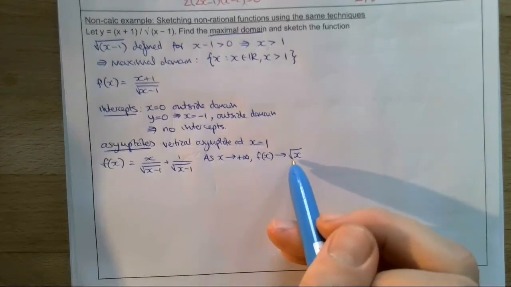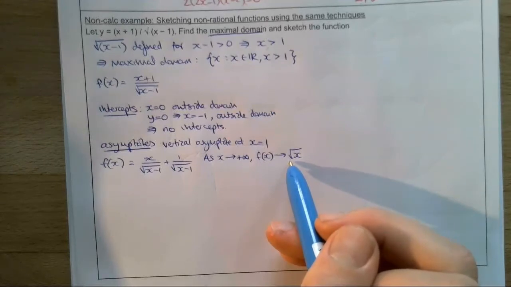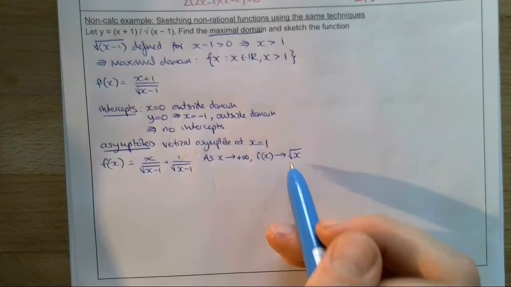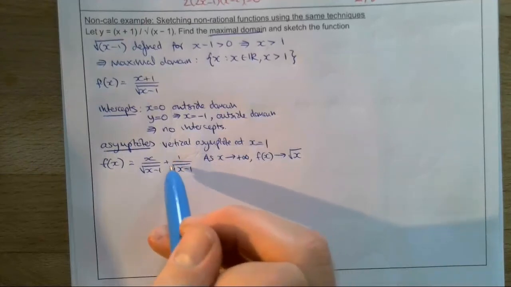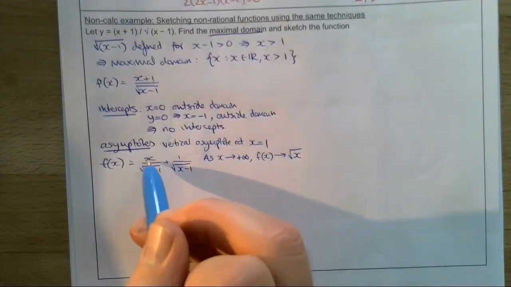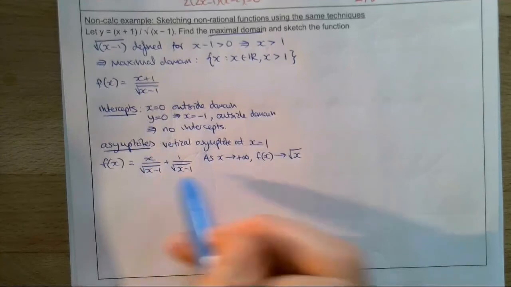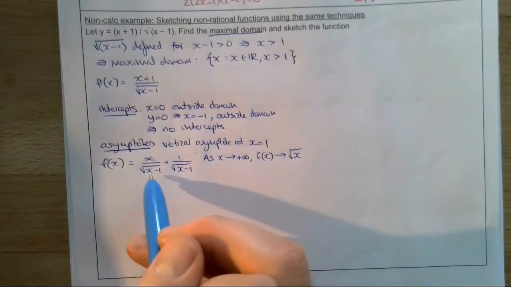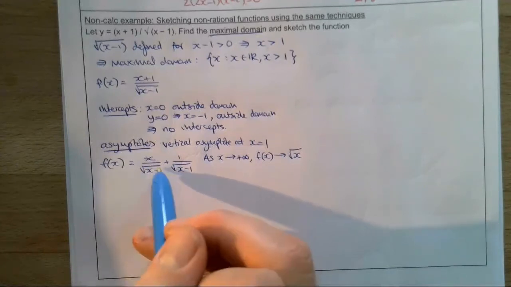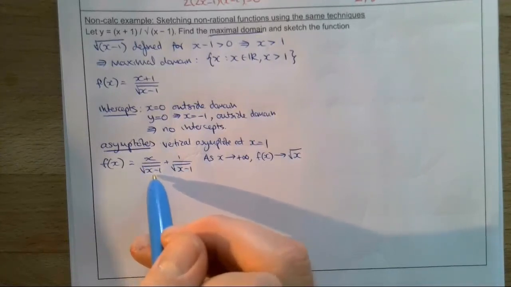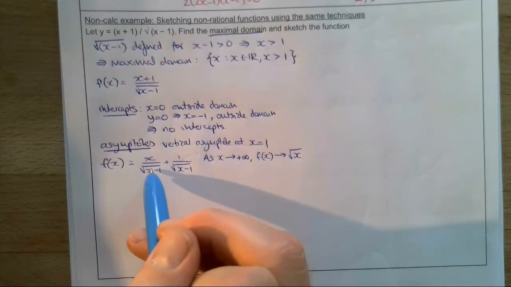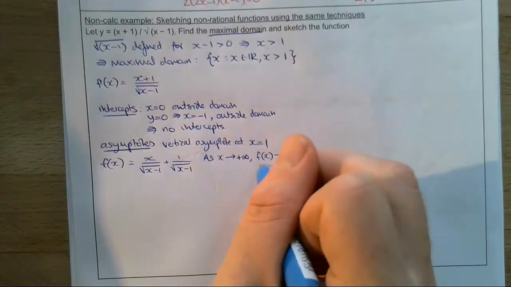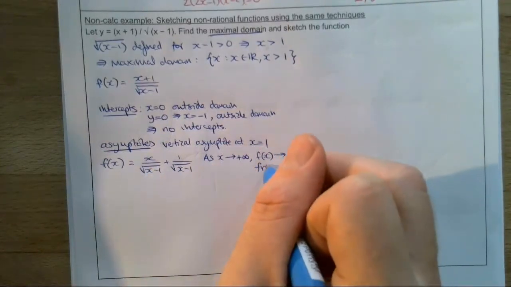Is it going to be bigger or smaller than that? That's actually slightly hard for us to tell, because even though we're adding on something that's positive, this expression is going to be slightly bigger, because we're dividing by a smaller number. So this must tend to root x from above.